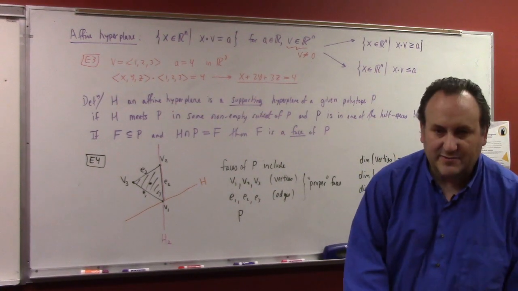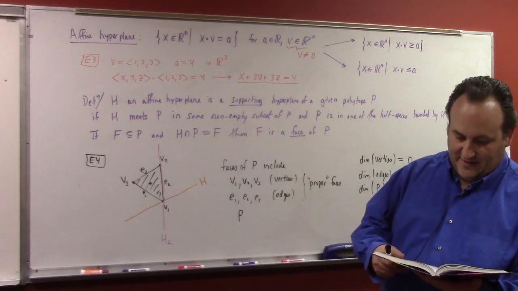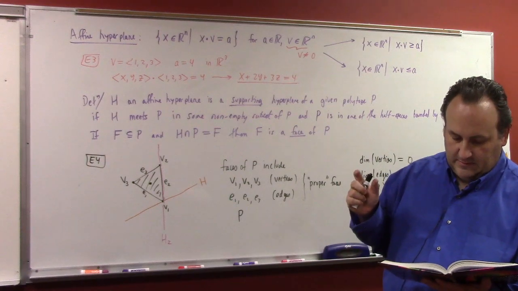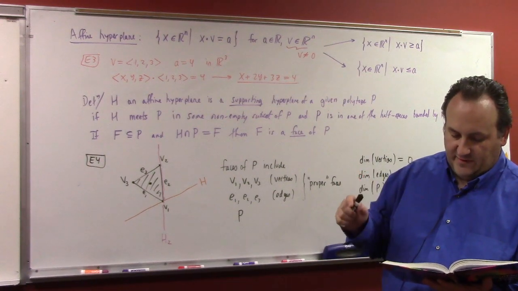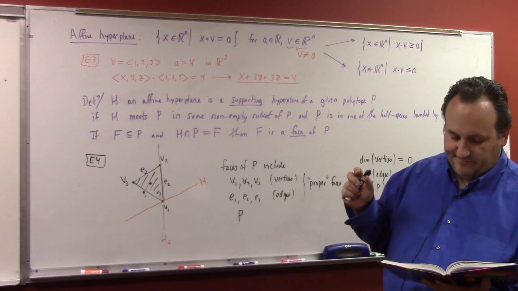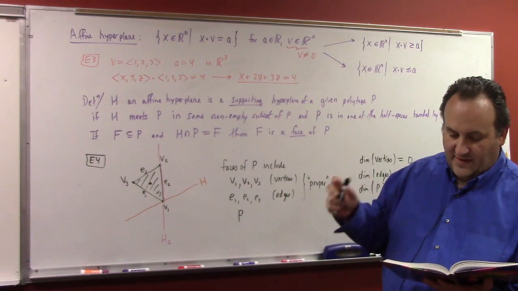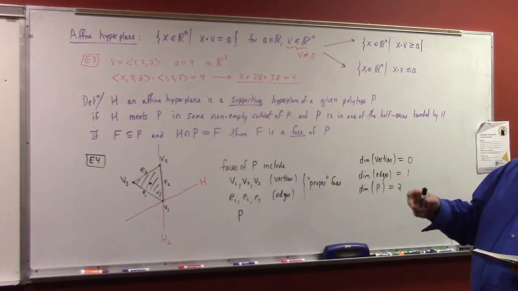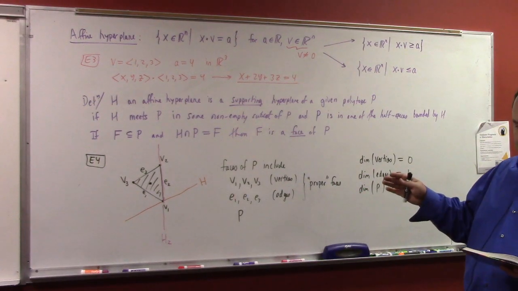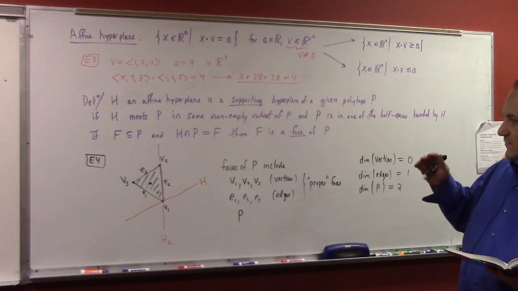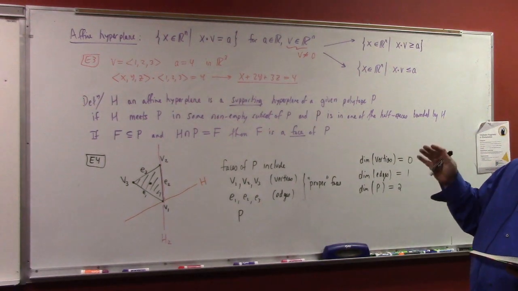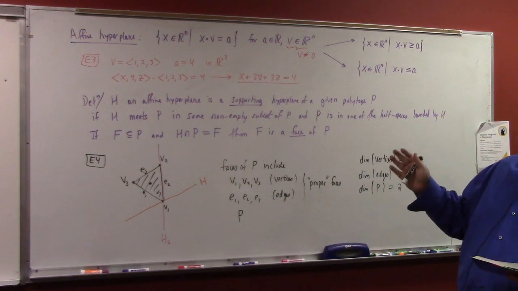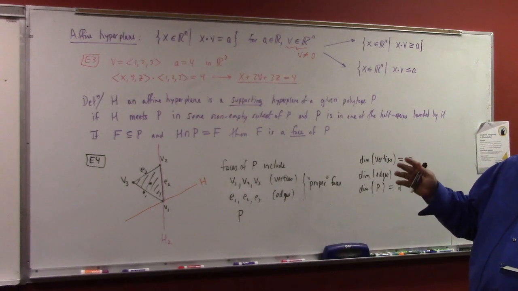So we are going to assume the last sentence I read, which is that any face of a polytope is going to be the convex hull of some subset of the finite set of points generating the polytope.